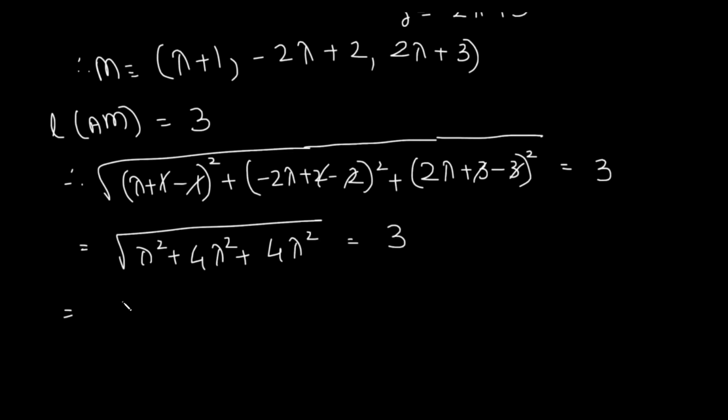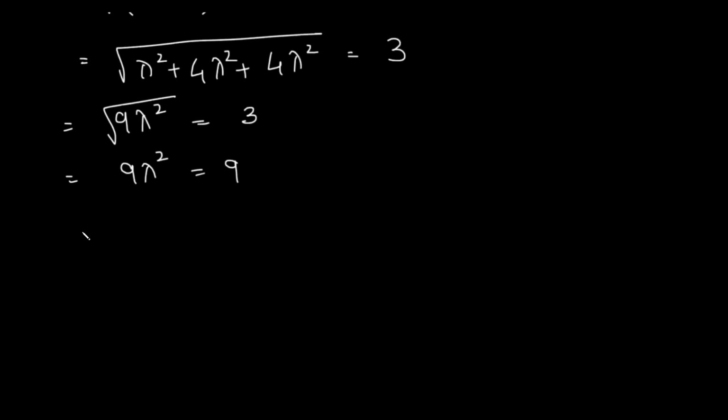And therefore we get root of 9 lambda square is equal to 3. Squaring both the sides, the root goes away, so 9 lambda square is equal to 9. And therefore lambda square is equal to 1. Now taking the square root on both the sides, we get lambda is equal to plus or minus 1.